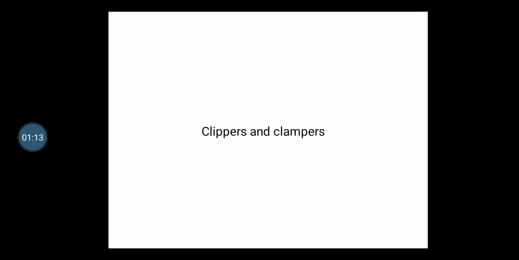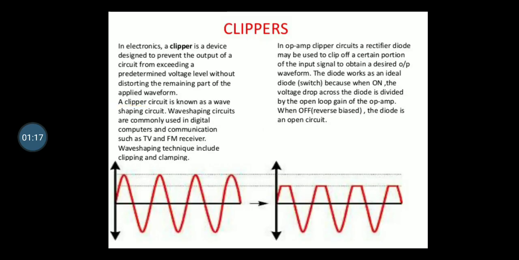Now let us look into this deeply. A clipper. In electronics, a clipper is a device designed to prevent the output of a circuit from exceeding a predetermined voltage level without distorting the remaining part of the applied waveform.